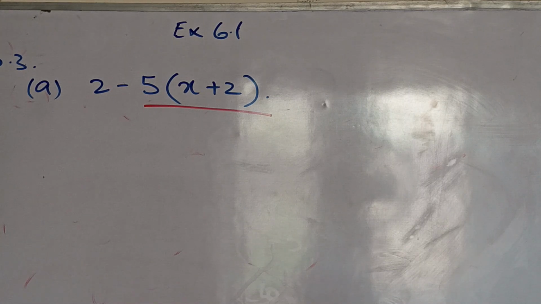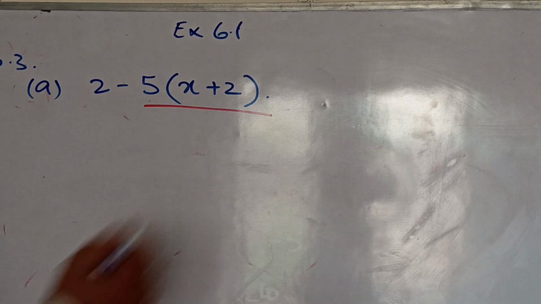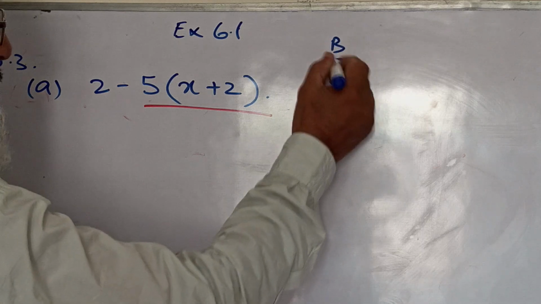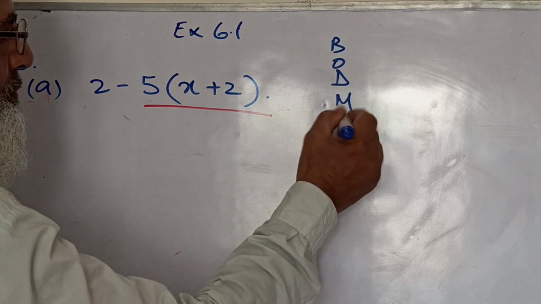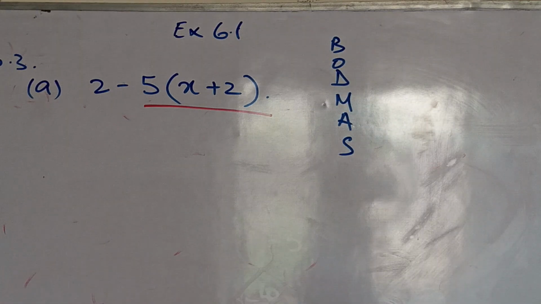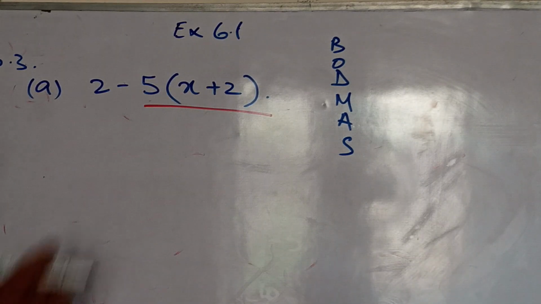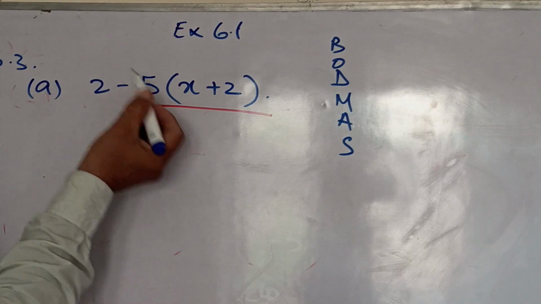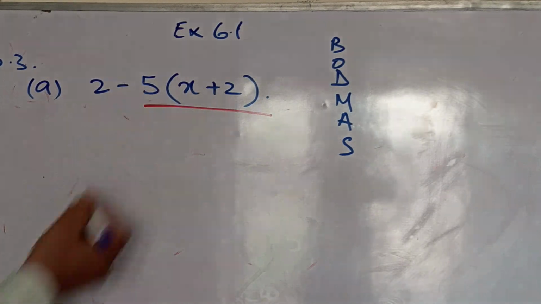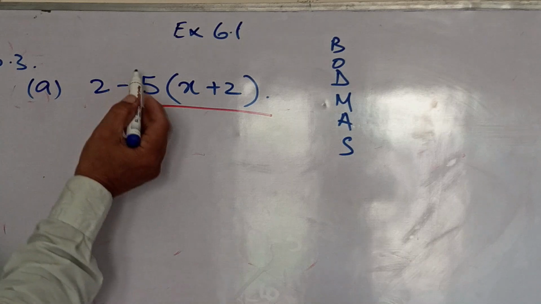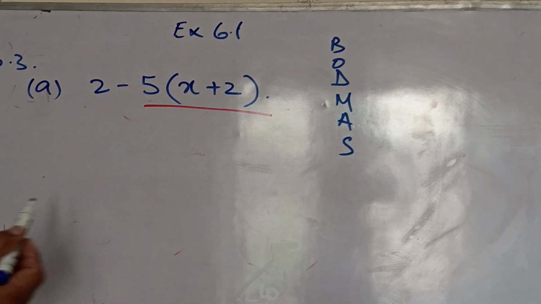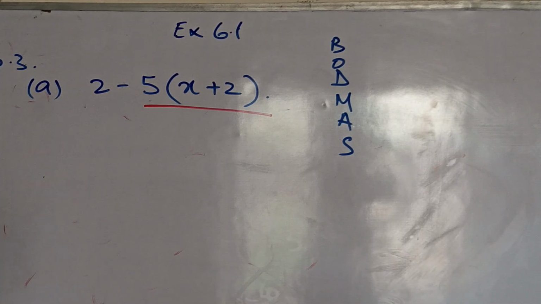So according to the BODMAS rule, we will hit the bracket first. You know that whatsoever is in the bracket is being multiplied with the element which is just outside the bracket.